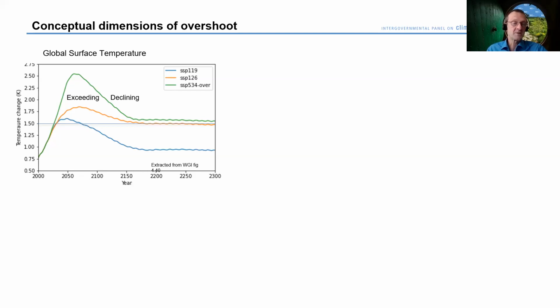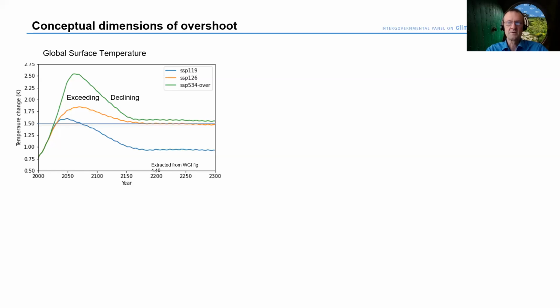The orange pathway does not limit global warming to 1.5 degrees until well into the 22nd century and has a very high overshoot. And then the green pathway is a more thought experiment pathway with a very, very high overshoot during the 21st century that would still reduce global warming to close to 1.5 degrees during the 22nd century.